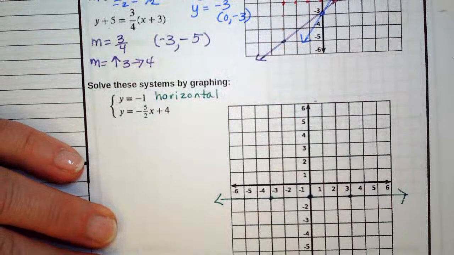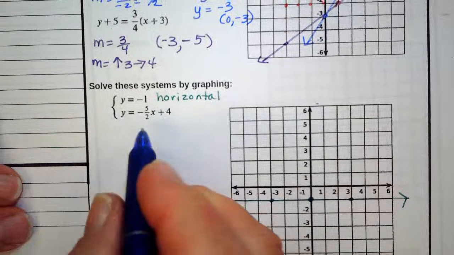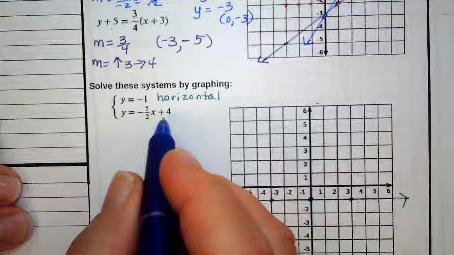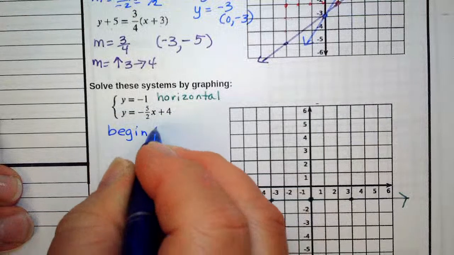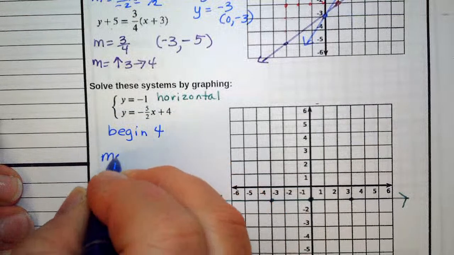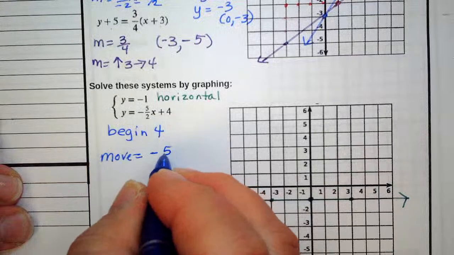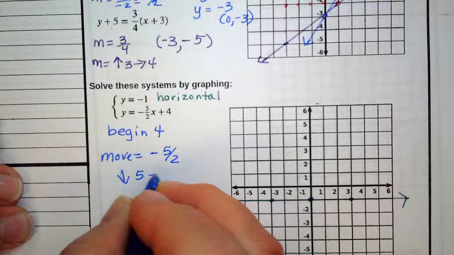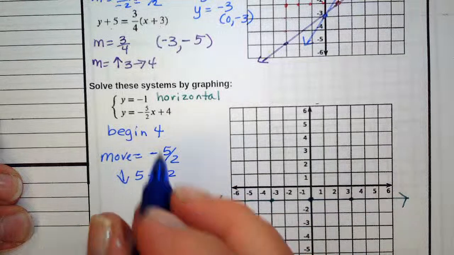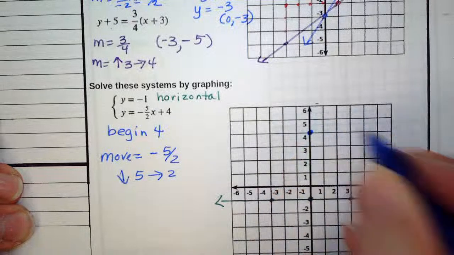Okay, what about the next one? If I'm looking at y equals mx plus b, I begin at 4. I move, my slope is negative 5/2. So that's down 5, right 2. Where's 4? I'm looking here. Here's 4.